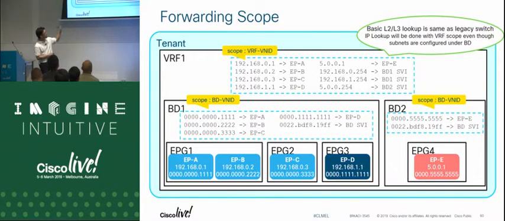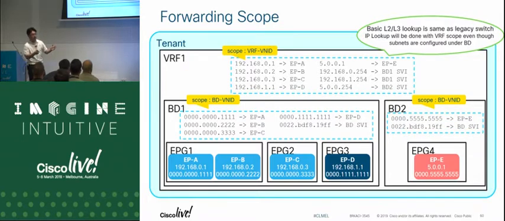In this table, to make it easier to look at, I split that one single endpoint into two different entries. Let's say the information for endpoint A has MAC address 1111 and IP address of 0.1. If you look at the endpoint itself, those two entries are in a single entry with a different VNID.